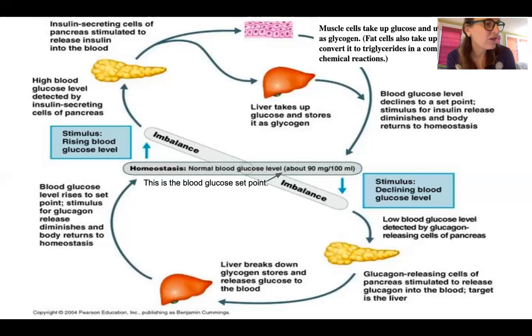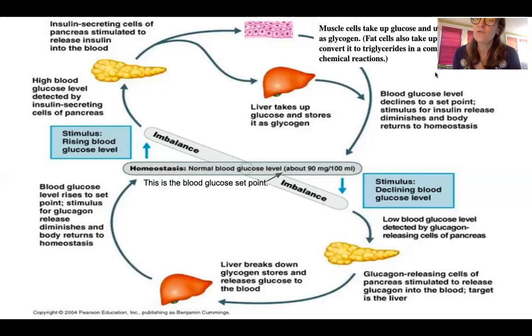You remember glycogen is a carbohydrate made by animals to store glucose monomers. It's a compact form of storage that animals use to store excess glucose.